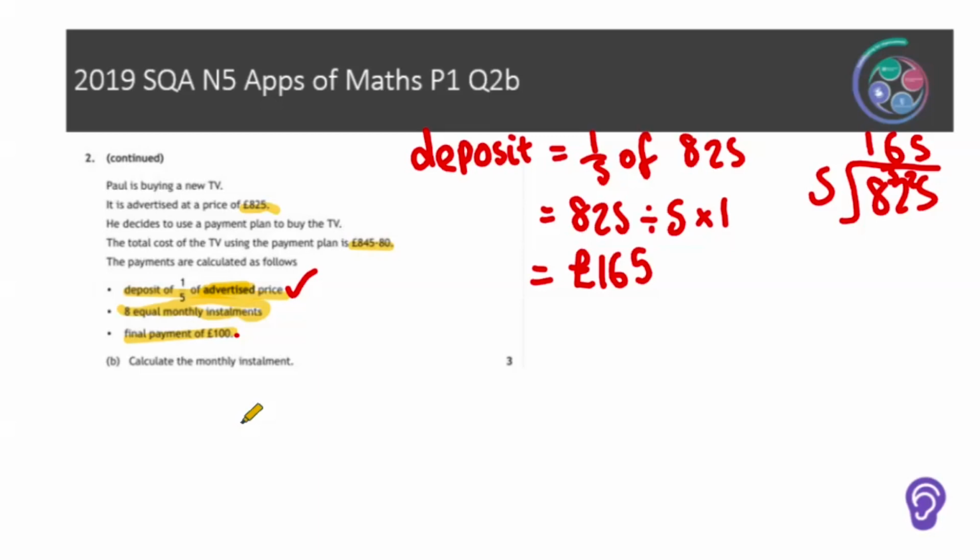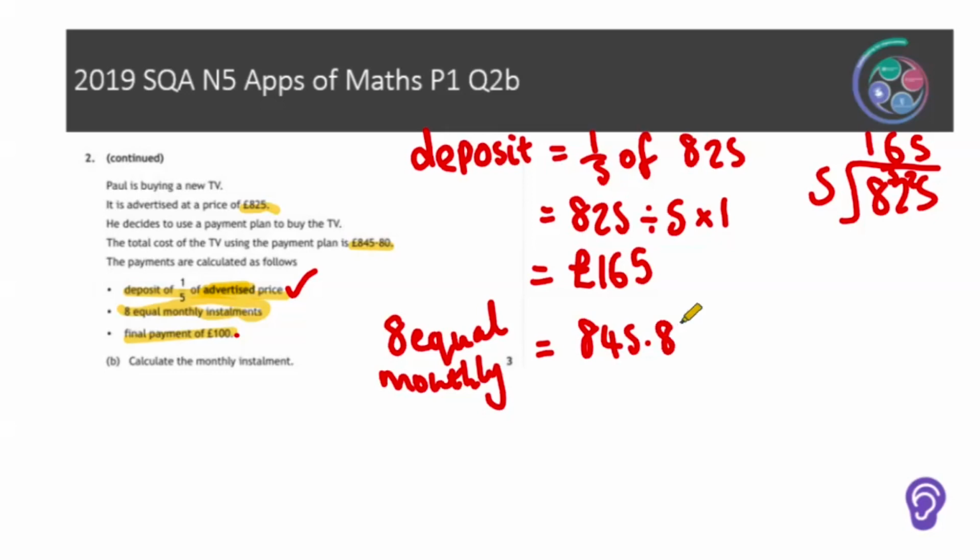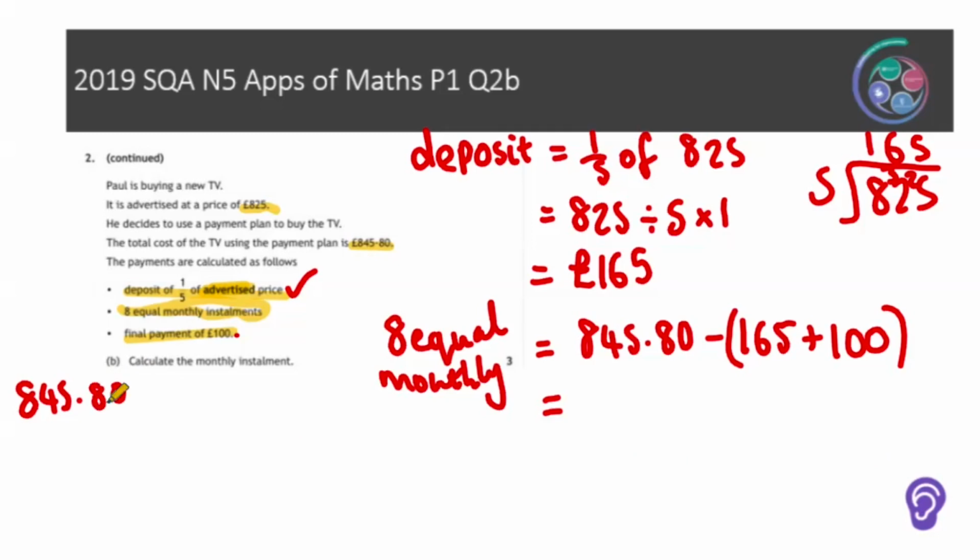So to work out how much the 8 equal monthly instalments are, I'm going to do the total of £845.80, take away my £165 plus that £100 final payment. So what I'm going to be doing, £845.80 take away £265.